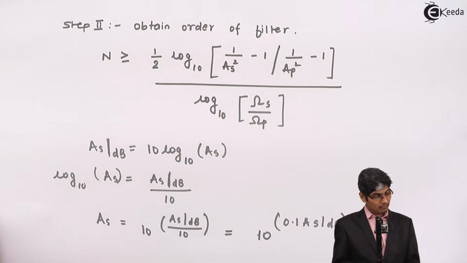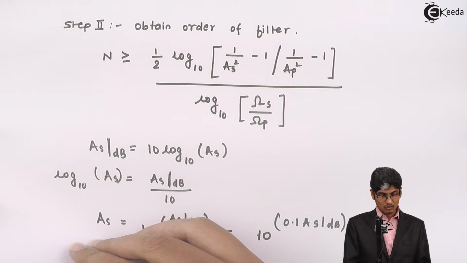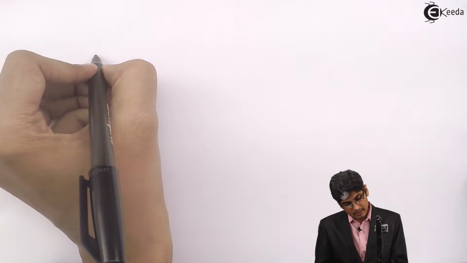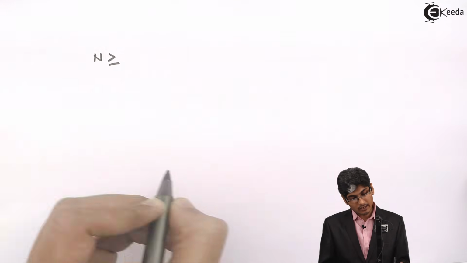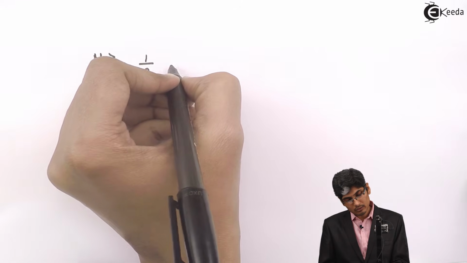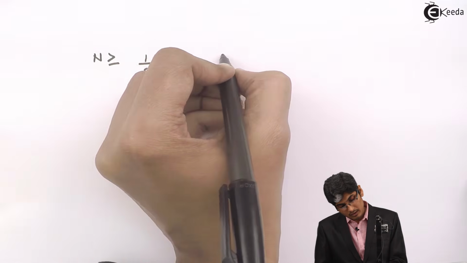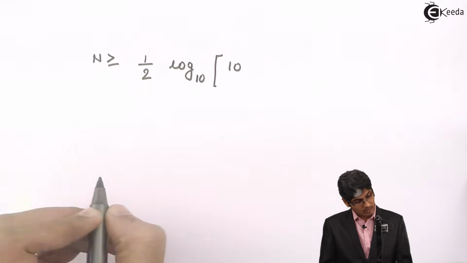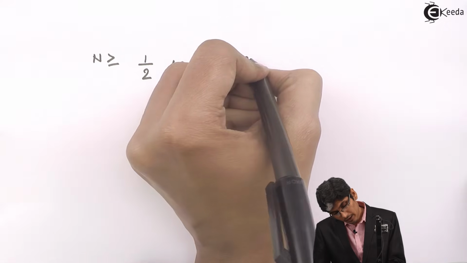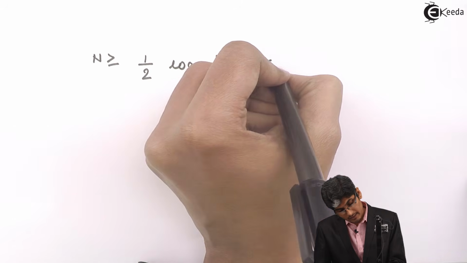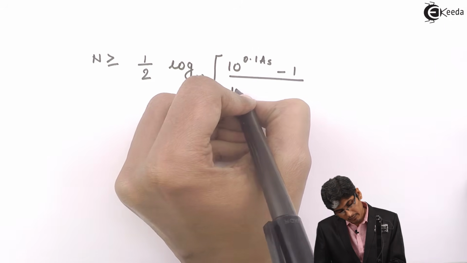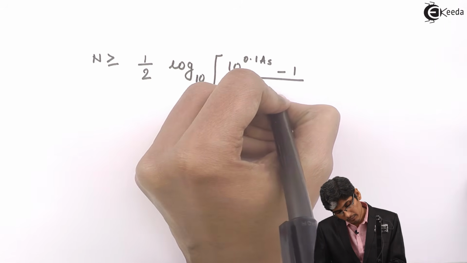So the new modified formula for order with decibel scale is n greater than or equal to 1 by 2 log to the base 10 of 10 raised to 0.1 AS minus 1 divided by 10 raised to 0.1 AP minus 1.